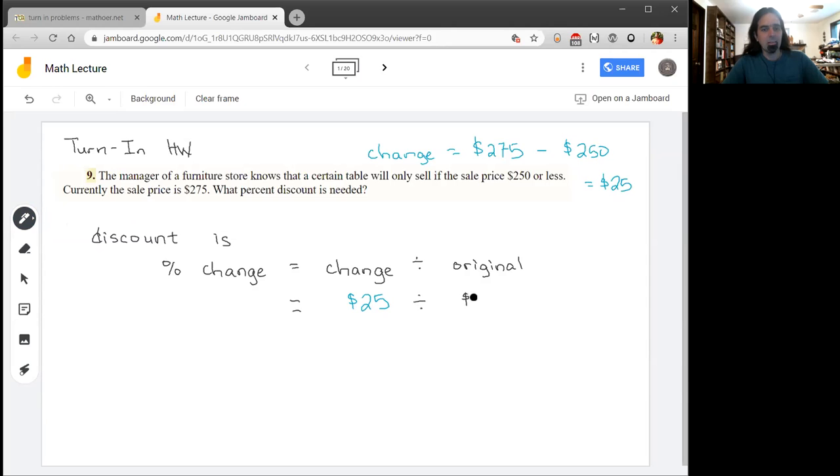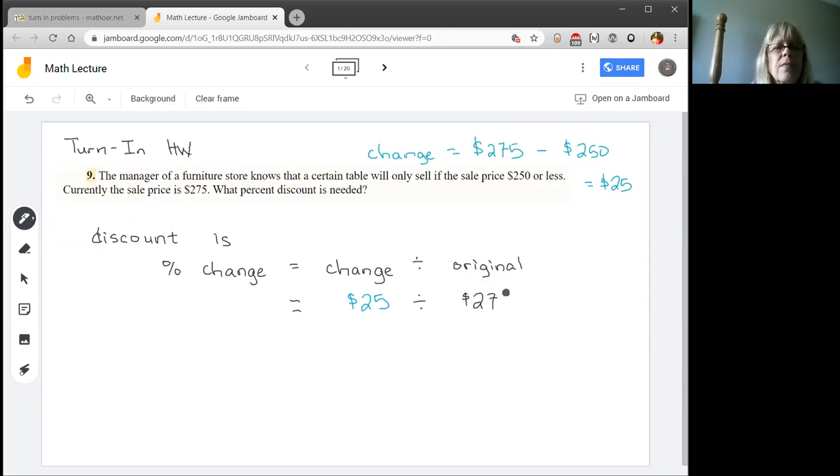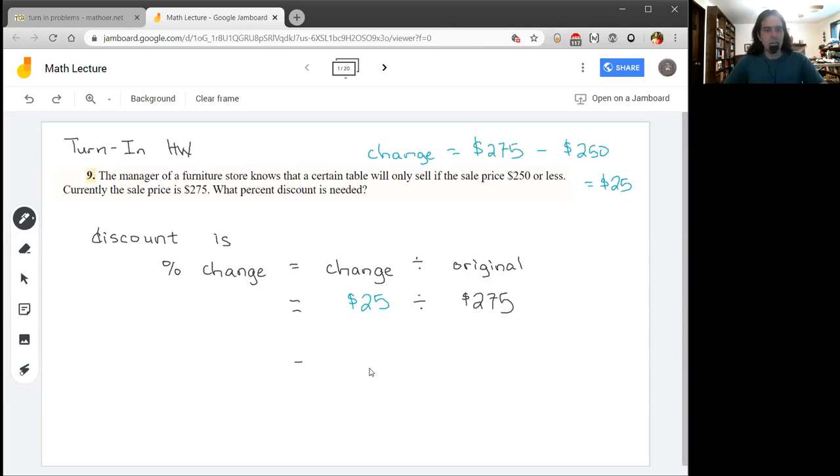$75. So we get about 0.09. And we can ask, does that seem like a reasonable answer?